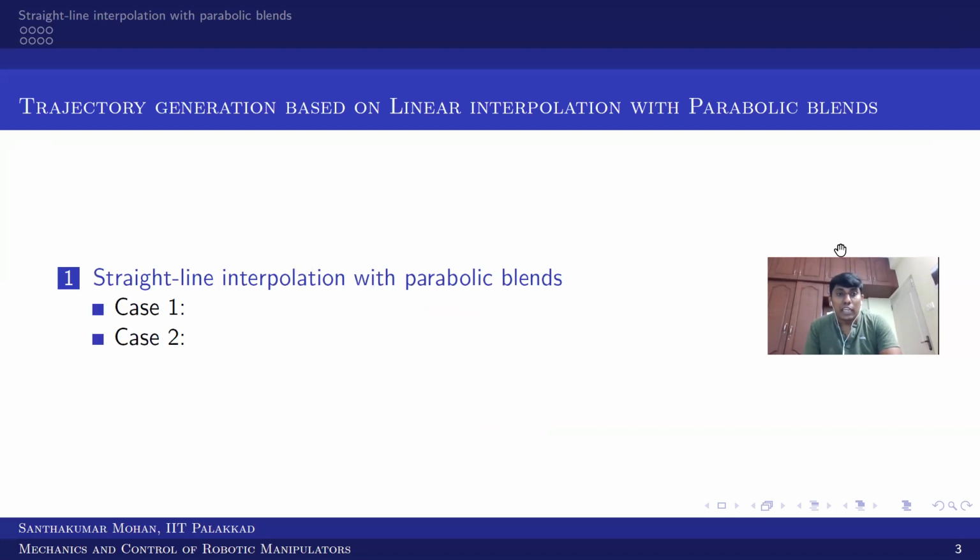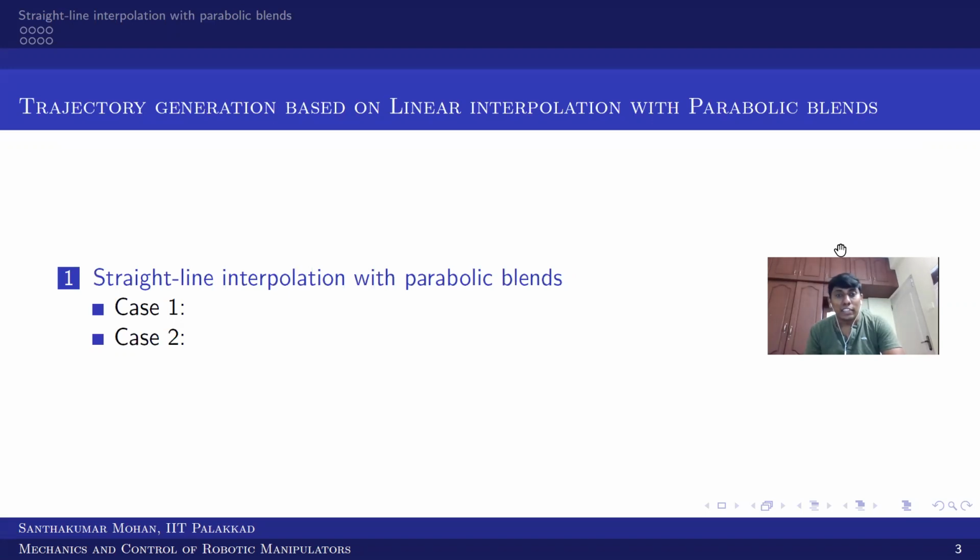Obviously we have two cases. In the regular interaction we only showed the first case, where it is scaled down to 0 to 1, in the sense that the initial starts from 0 and the final would be only 1 unit, which would be scaled up or scaled down based on the requirement.